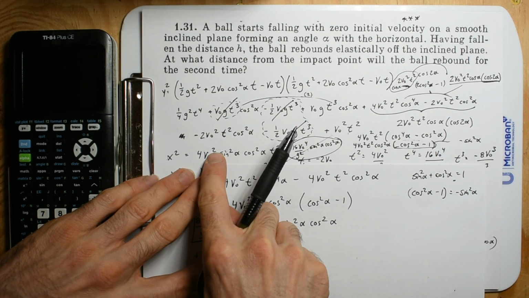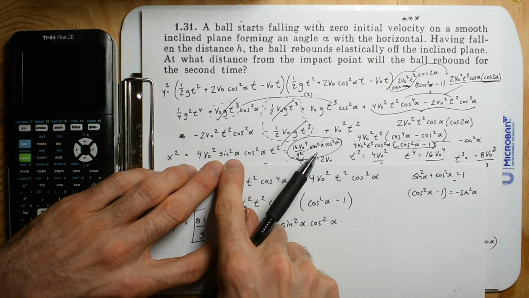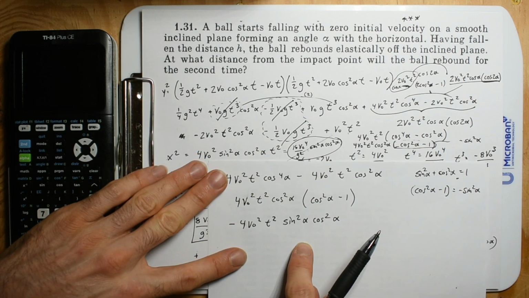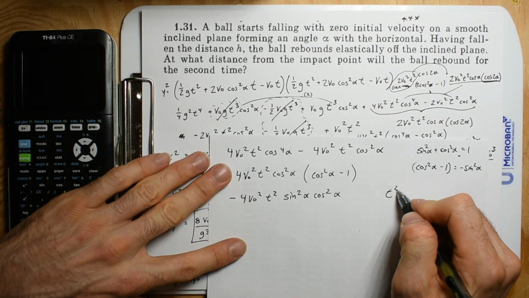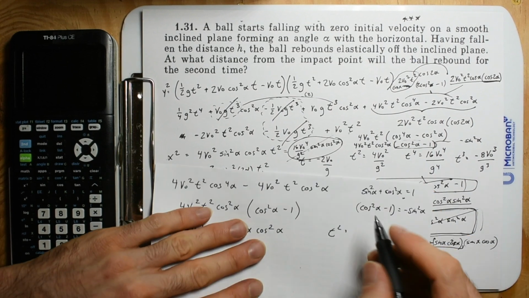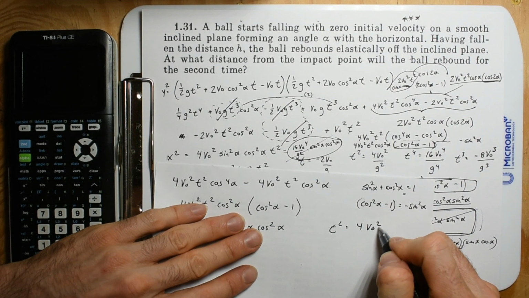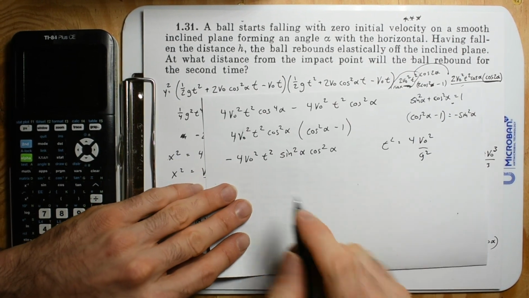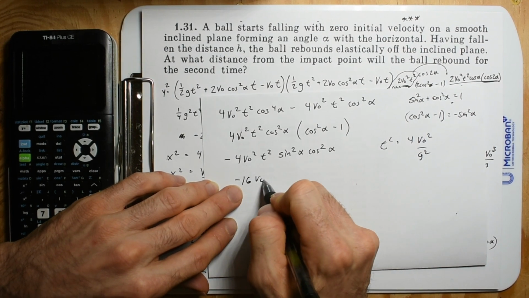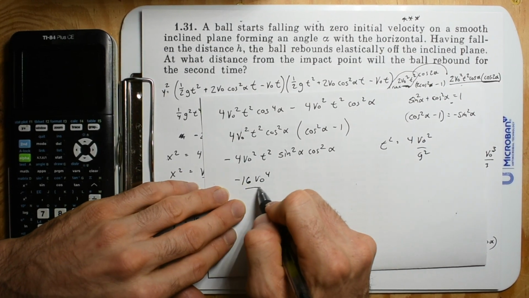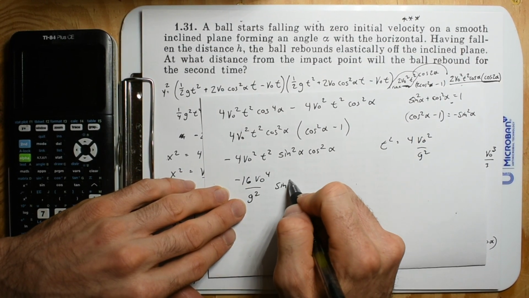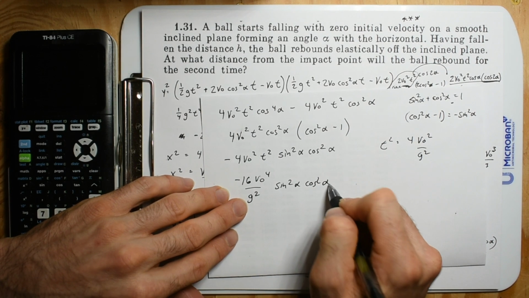This is 4v naught squared t squared sine squared alpha cosine squared alpha. But if we did go through the strokes, we know that t squared is 4v naught squared over g squared. So then we get negative 16 v naught to the fourth divided by g squared sine squared alpha cosine squared alpha.